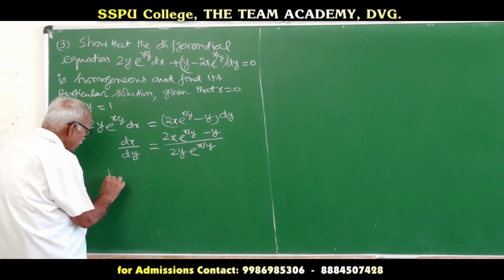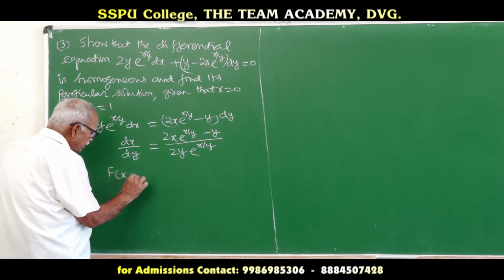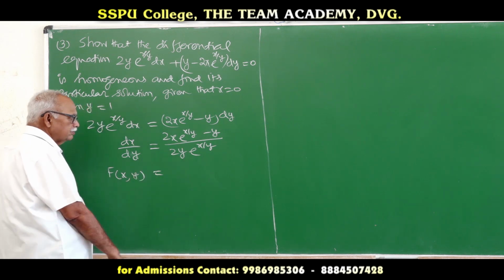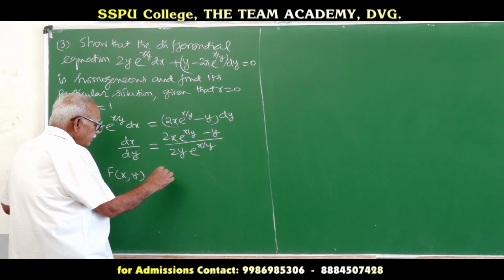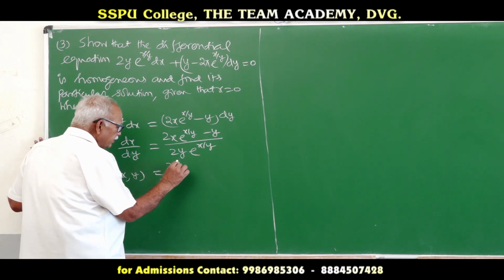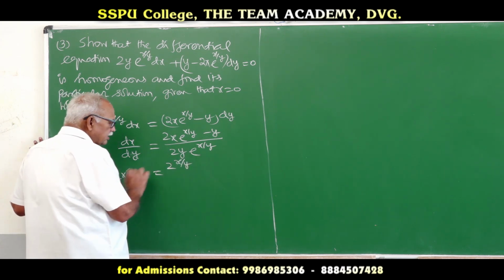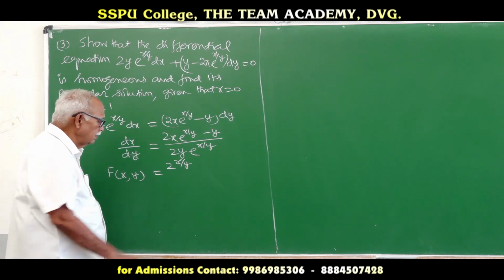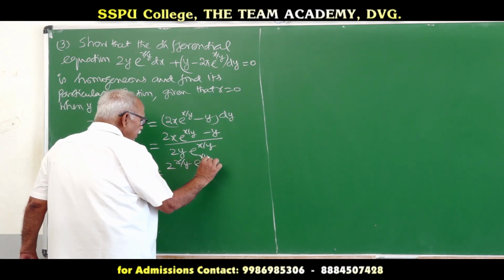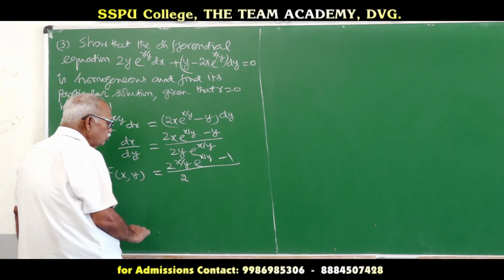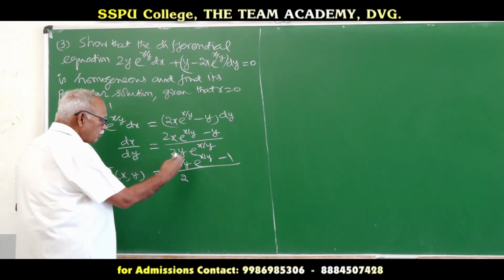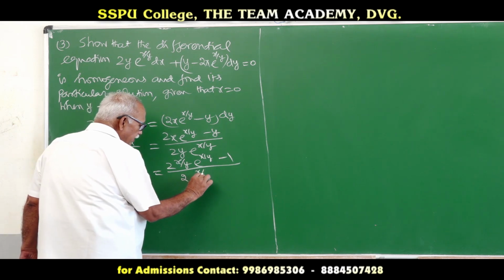So, here f of x comma y is equal to, now I can write this as, you can see, 2 into x by y divided by y e power x by y minus 1 divided by 2 into y we have divided. So, it is e power x by y.